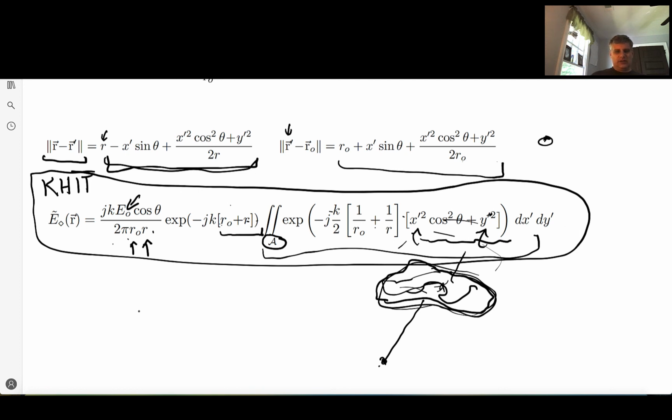Now, one other comment. If we have a flat surface and we illuminate it with a wave, either from a point source or a plane wave, which would just be a very distant point source. Let's say this is metal.